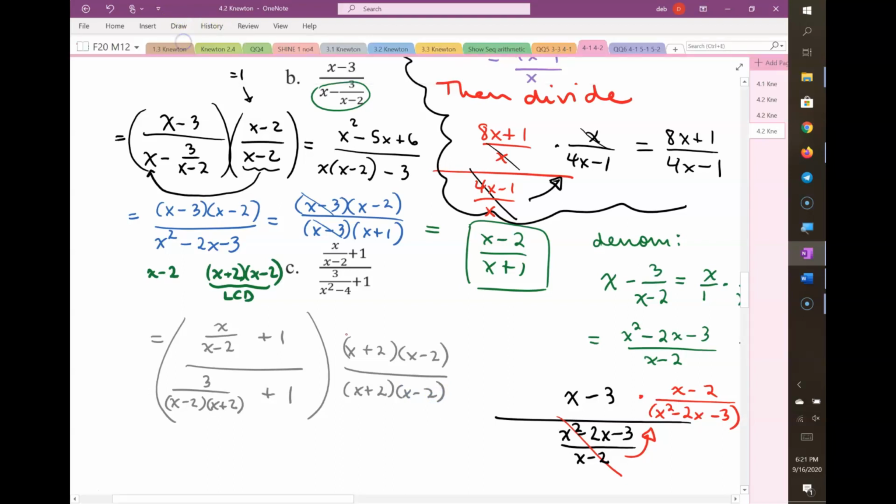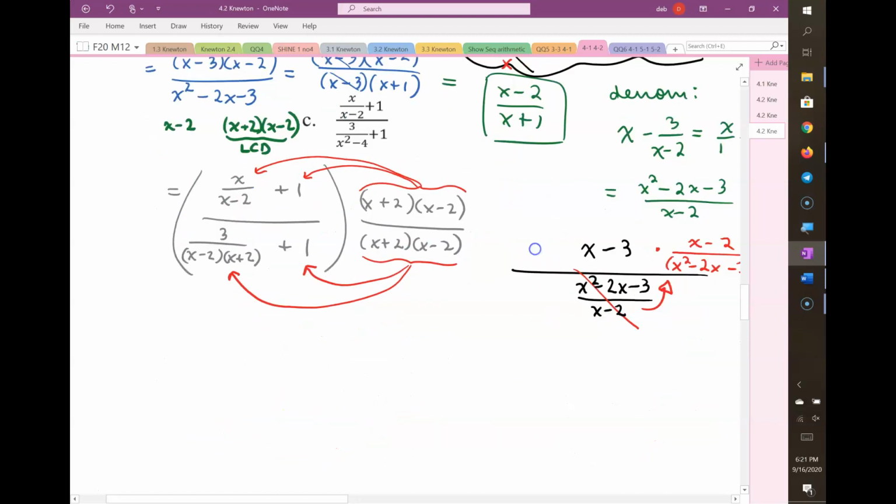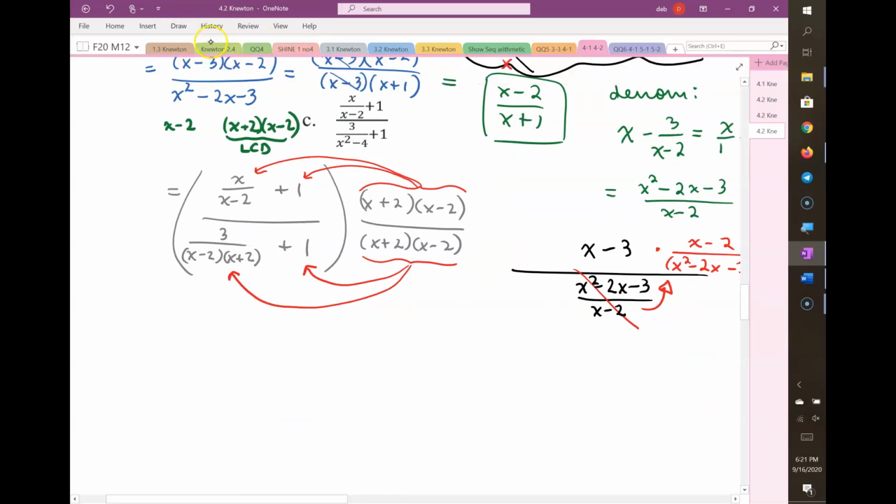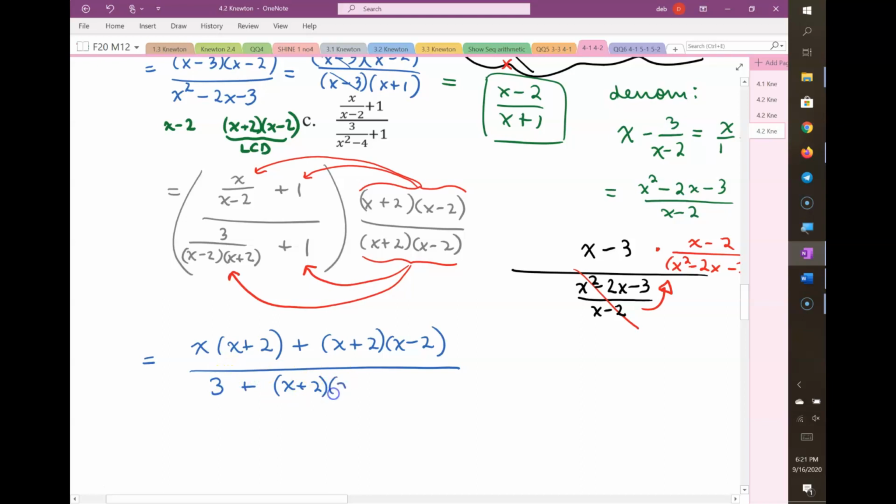So I'm going to distribute to each of the two terms in the numerator, and distribute to each of the two terms in the denominator. Okay, so when I distribute to the first term, the x minus 2 will cancel, and I'll have x times x plus 2 plus, we don't have this x plus 2, x minus 2, over 3 plus x plus 2, x minus 2.